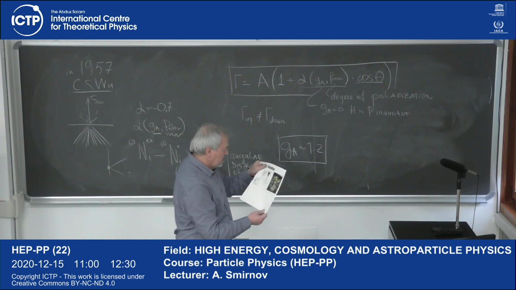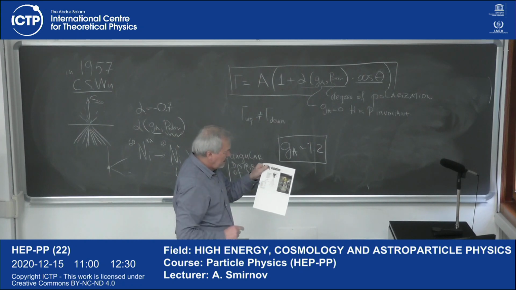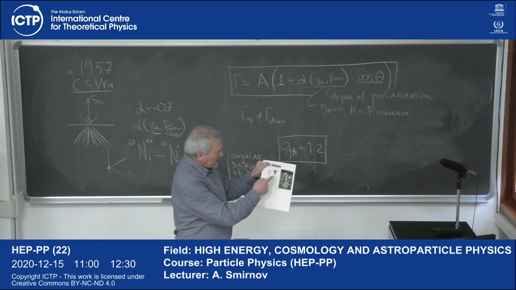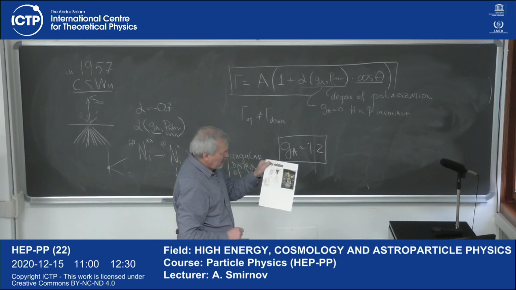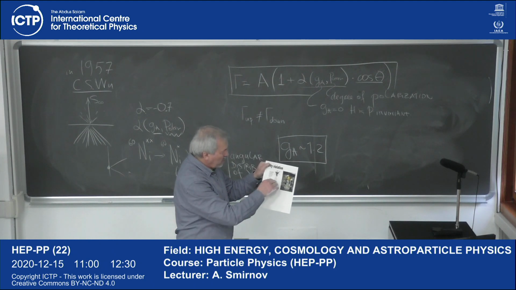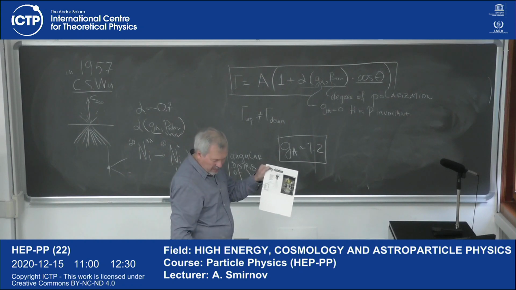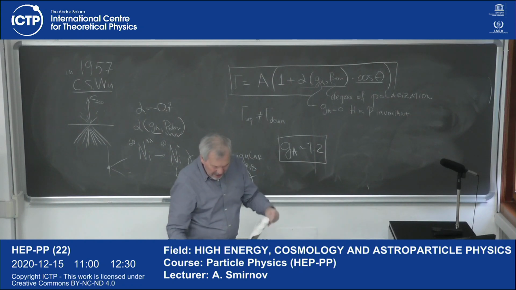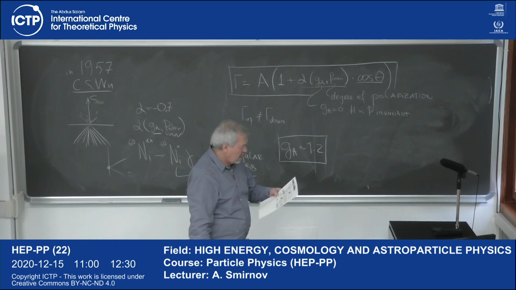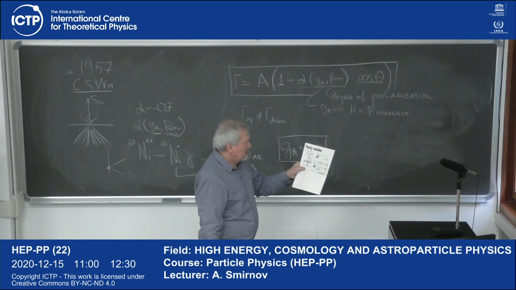And so you see here the device. And this is what we essentially discussed: magnetic field, polarization of cobalt nuclei, and then electrons, which are certainly asymmetric, more coming in this direction than in the upper direction. So that's a little bit more about parity violation.